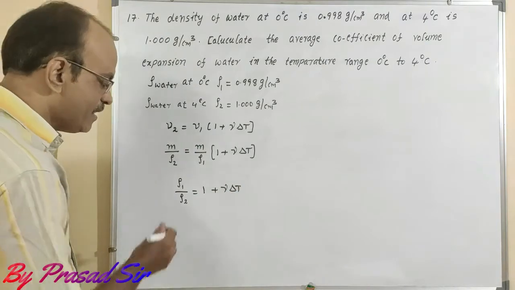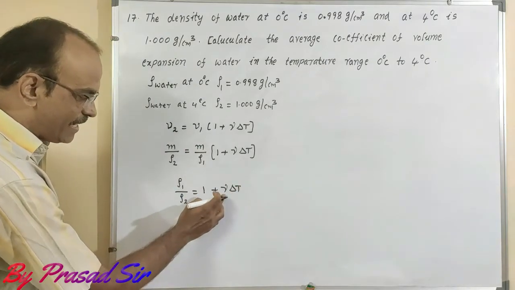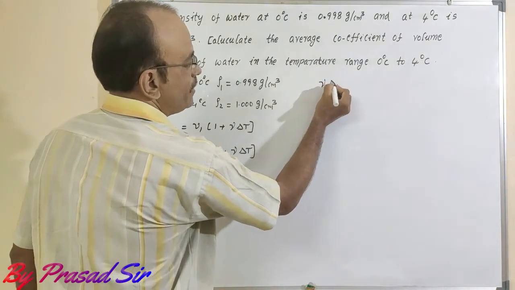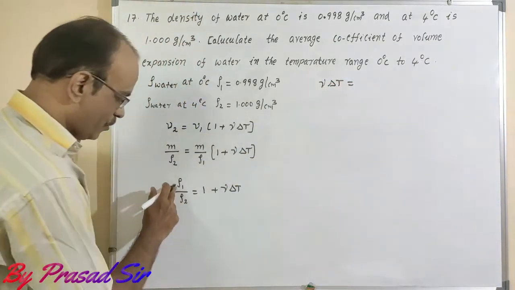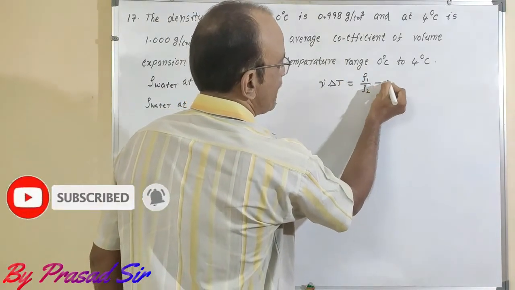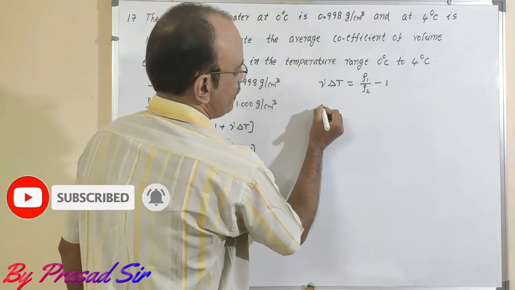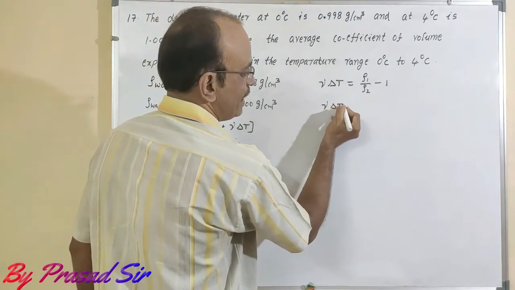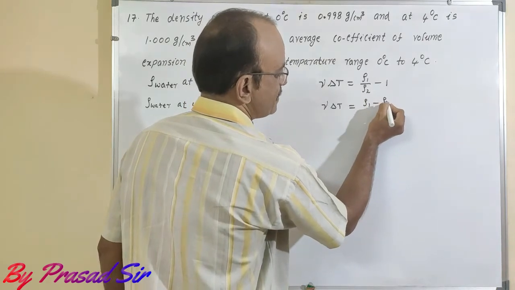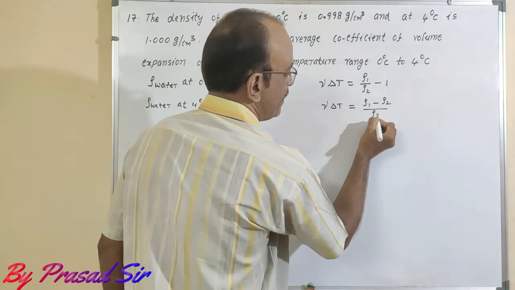Now what happens in this case? Gamma into delta T is equal to rho 1 by rho 2 minus 1. So gamma into delta T is equal to rho 1 minus rho 2 divided by rho 2.